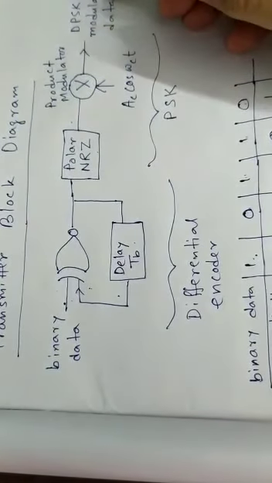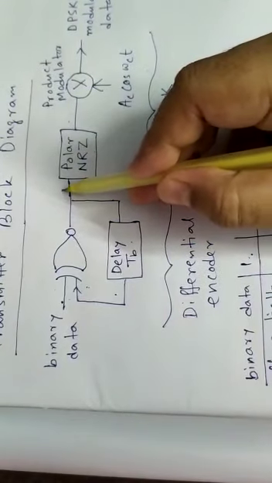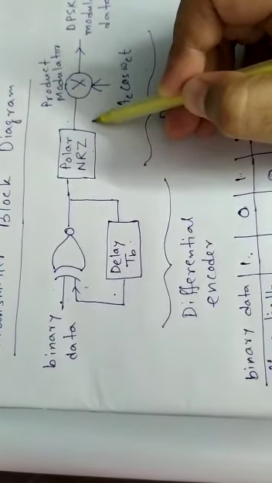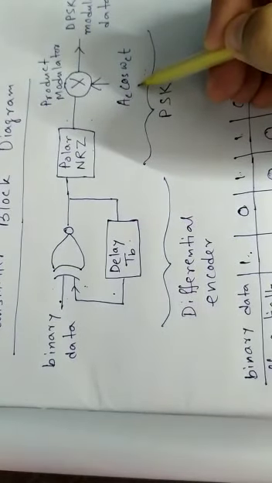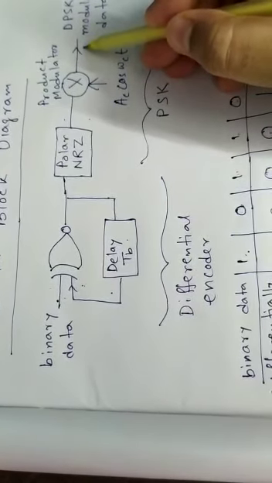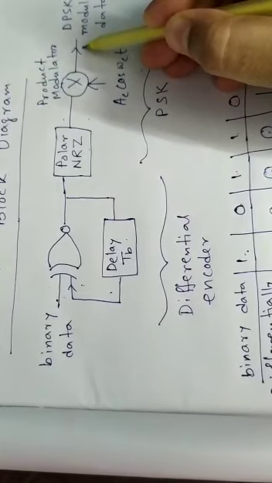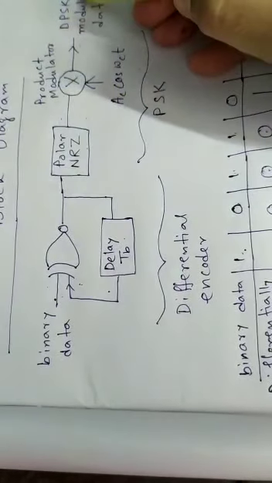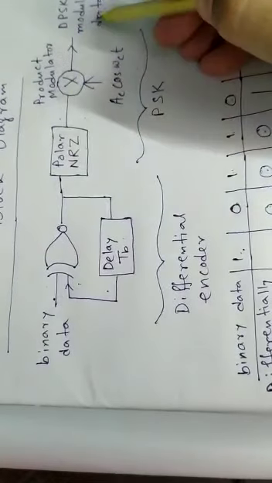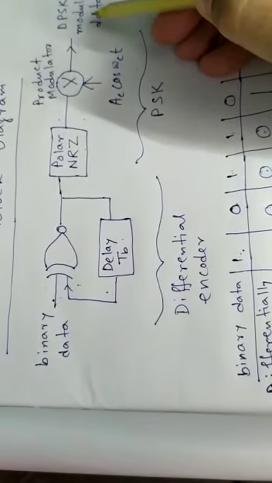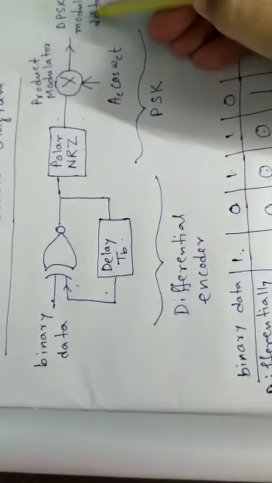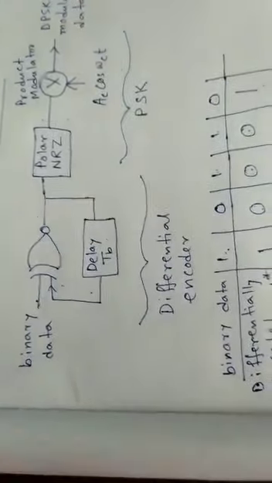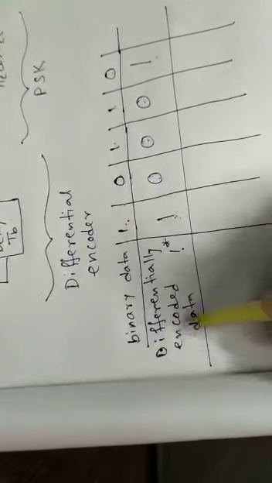That means you send Ac cos omega ct. If it is 0, after polar NRZ, it is minus 1 volt. So minus 1 is multiplied by Ac cos omega ct. That means you get minus Ac cos omega ct. So for 1, you send Ac cos omega ct. For 0, you send minus Ac cos omega ct. That means the 180 degree phase shifted version of the carrier signal. So this is normal PSK. So this is the differentially encoded data.